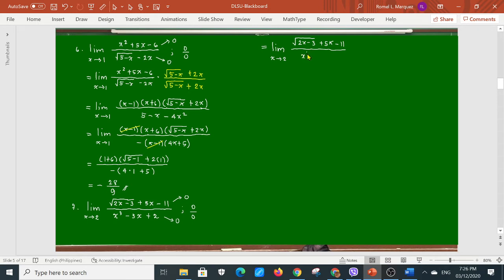By the way, let's factor the denominator. Anong factored form ng denominator? Let us have synthetic here. So, we know that x minus 2 is already a factor, no? Kung gusto nyo long division, so x minus x cubed minus 5x, pero mas madali ang synthetic. I-divide natin ng x minus 2 kasi x minus 2 is one of the factors.